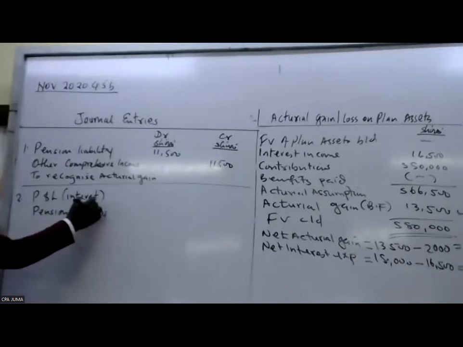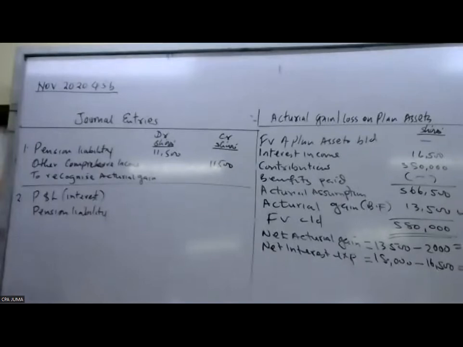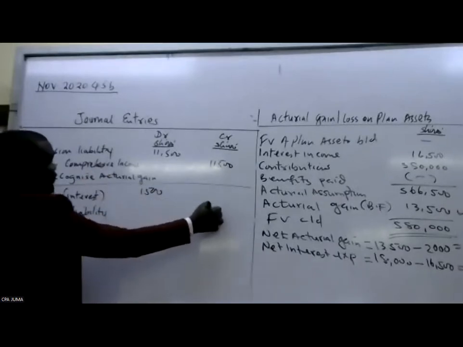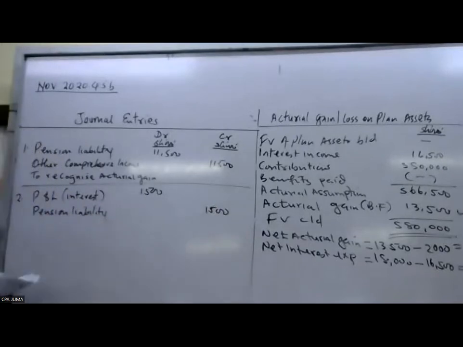The net interest will increase, that is 15. So increase the liability with the interest expense. But if it was income, you reverse. You reduce the liability, you credit this.